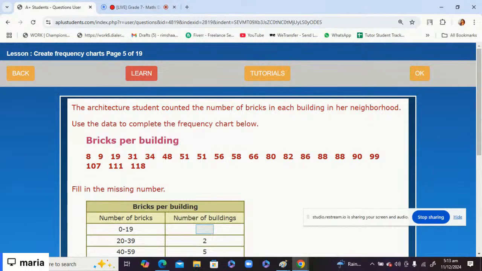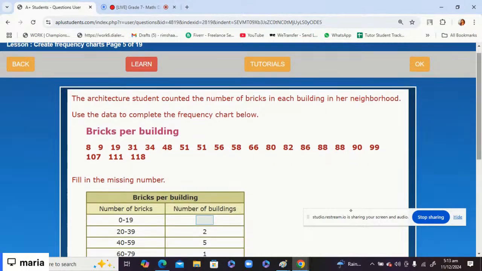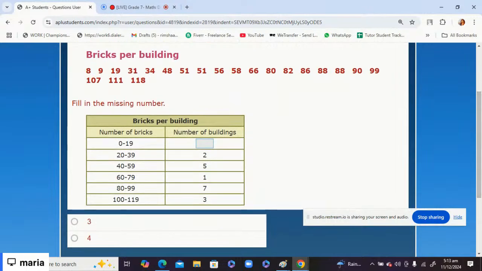The architecture student counted the number of bricks in each building in her neighborhood. Use the data to complete the frequency chart below. So bricks per building, and when you count the number of bricks between 0 to 19, it's 8, 9.